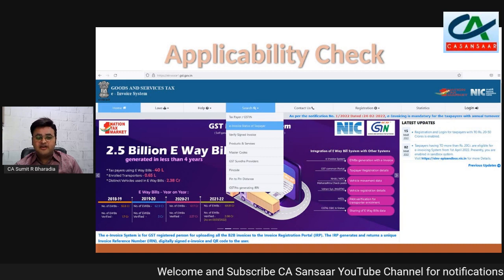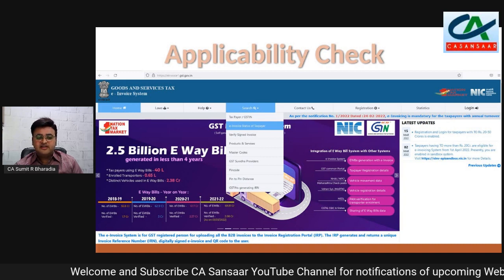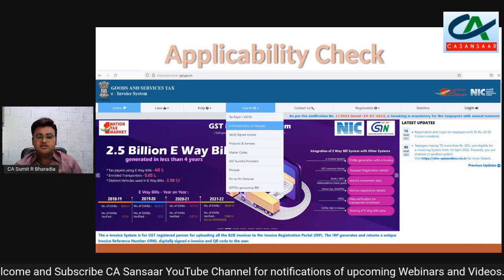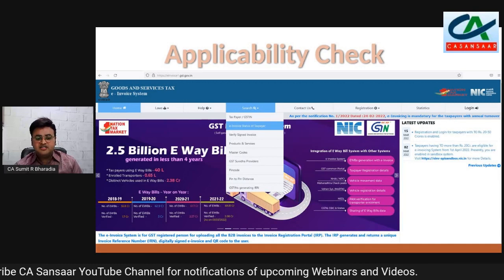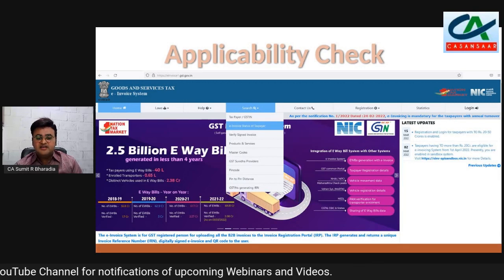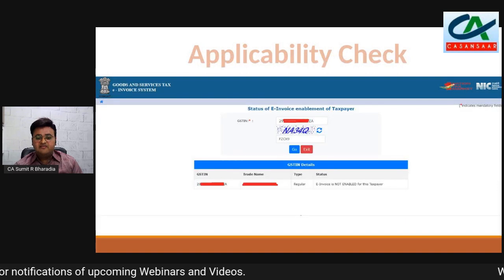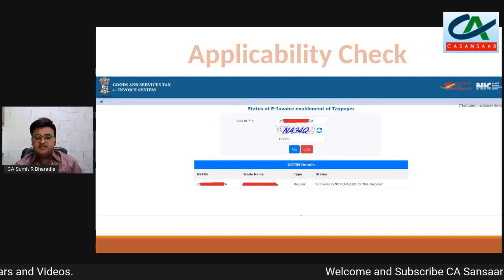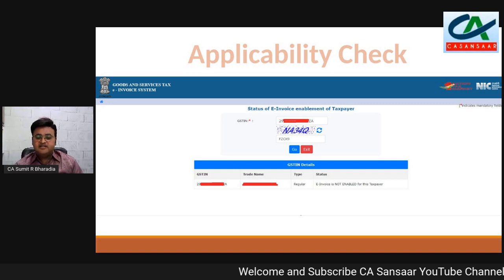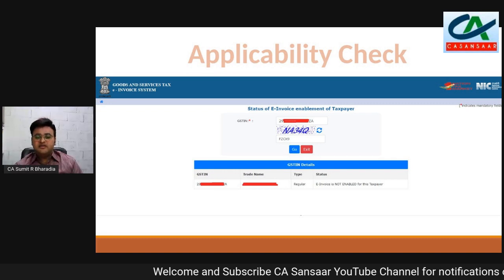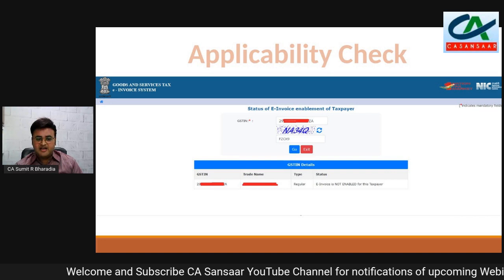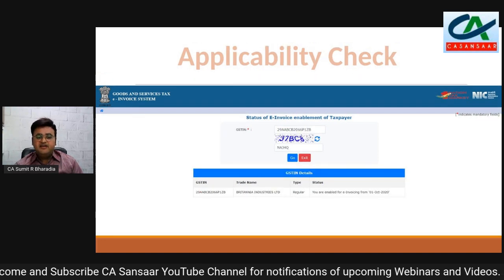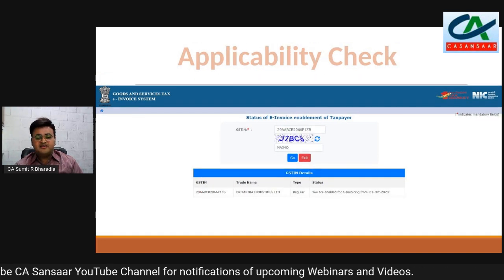So to check this applicability, you need to visit einvoice1.gst.gov.in, and in the search bar you can see the e-invoice status of taxpayer, in which you can enter the GSTIN of your supplier and check. In this case, you have checked it and it says that e-invoice is not enabled. That means he has not crossed the turnover as per the system. And here we have taken another example, Britannia Industries.